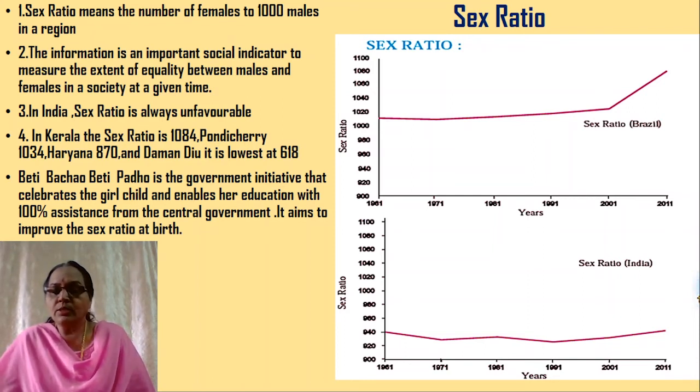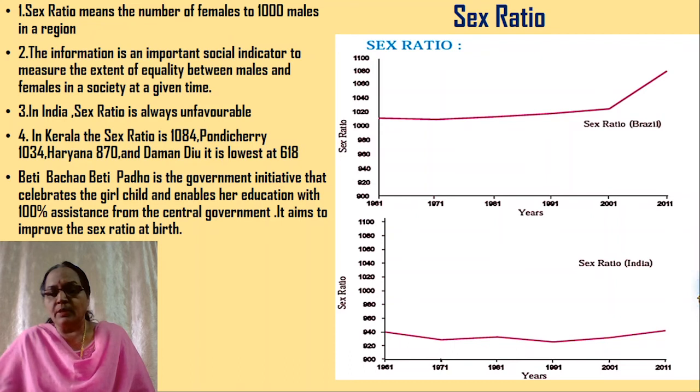Let's move over to the graph of India. Now, sex ratio in India, as I said, has always been unfavorable. In 1961, there were 940 females per 1,000 males. And there was a dip in 1971.